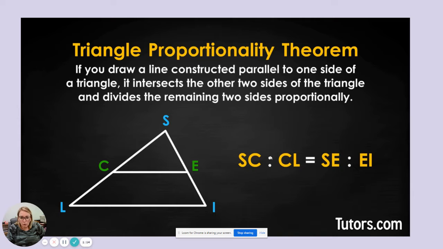And this little colon means also fractional, okay? Ratio, fractional, proportional, it's all the same terminology. So basically it's just saying however you split it, you're splitting it into something that is a proportional side, okay?